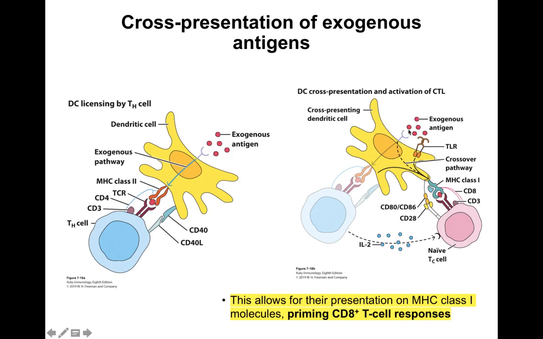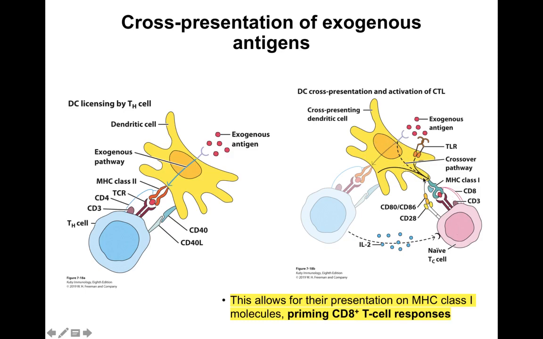Some exogenous antigens in dendritic cells will be cross-presented to be put inside of MHC class I molecules so that you can get the activation of naive cytotoxic T cells, so that you can have this naive T cell be able to be activated to then go out and find infected cells. And so if this didn't happen, unless this dendritic cell was infected, you wouldn't necessarily have a way of activating this cytotoxic T cell. So this is an important way.